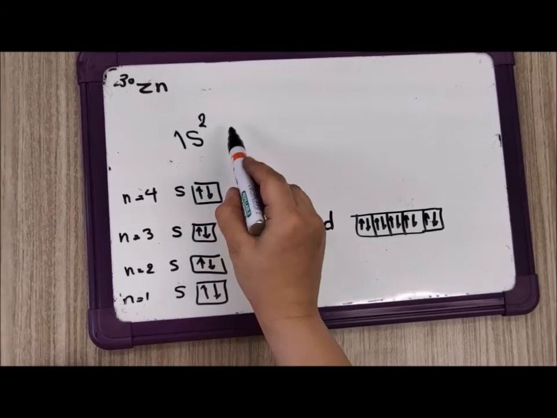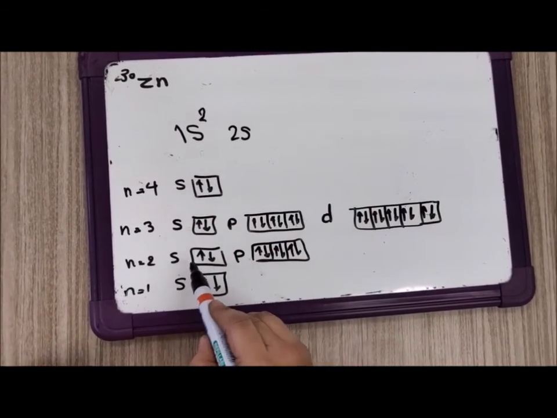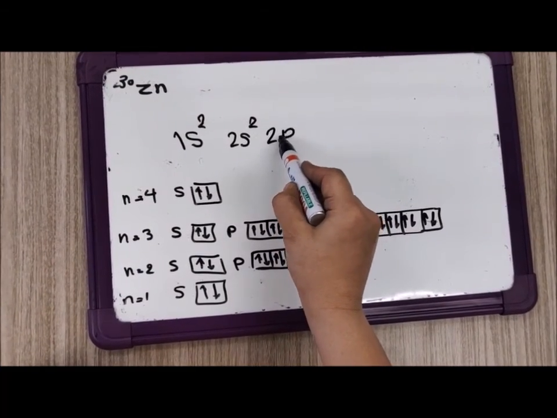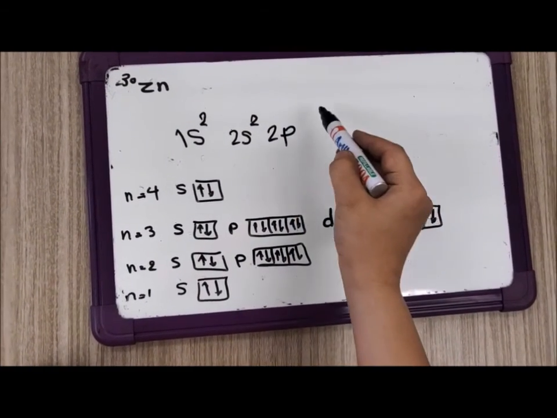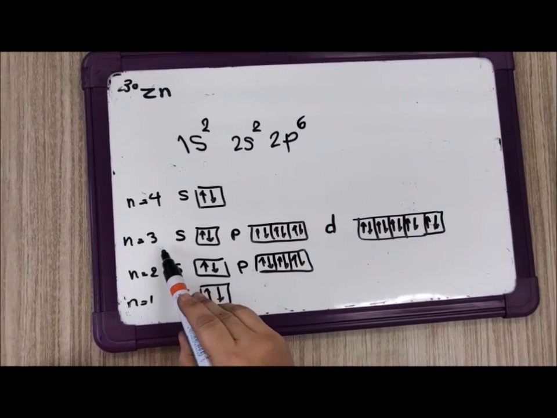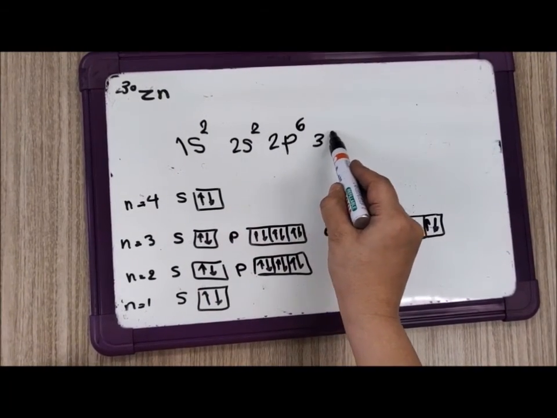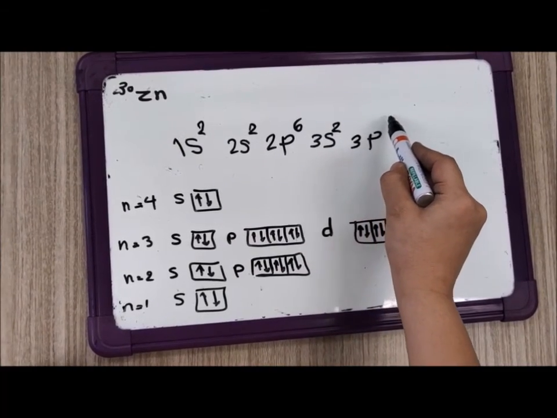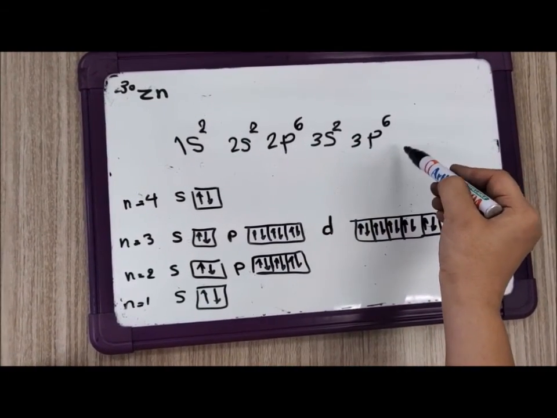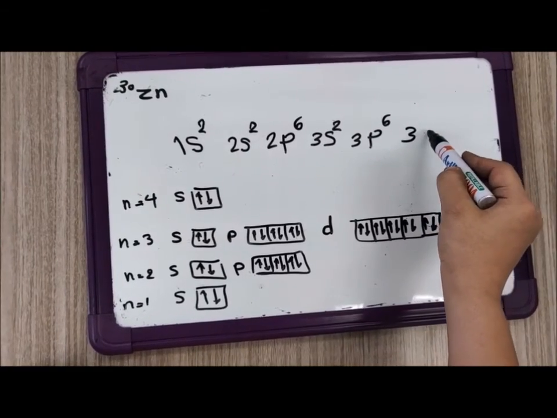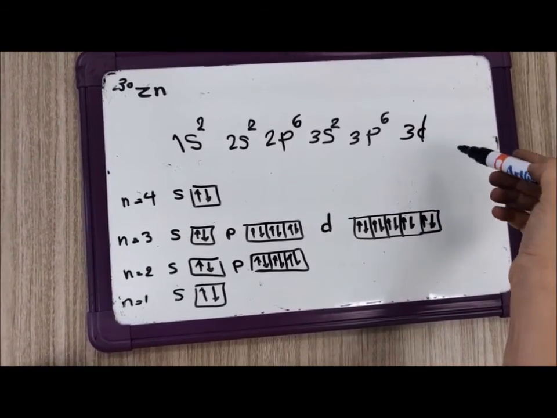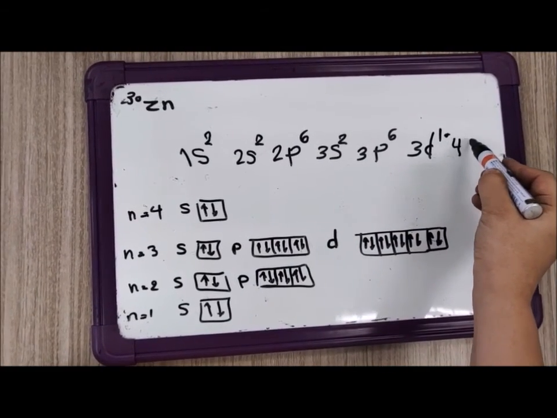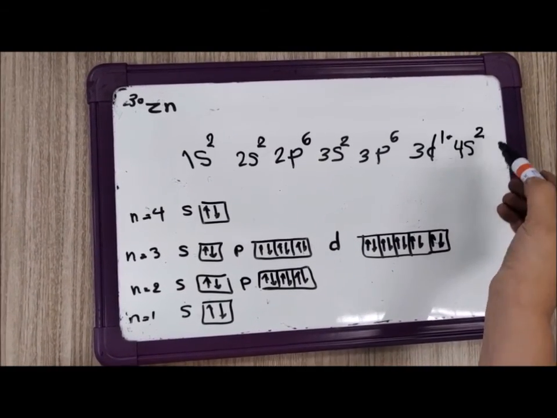Then in the second shell, s orbital, we have 2 electrons. In the second shell p orbital, we have 6 electrons. Then we continue with the third shell s orbital, 2 electrons. Third shell p orbital, 6 electrons. And the third shell d orbital, we got 10 electrons. And in the fourth shell s orbital, we got 2 electrons.